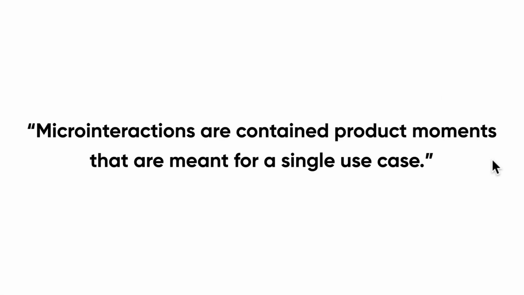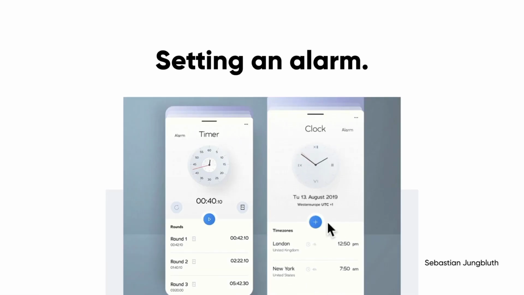Now, if I had to define micro interactions, I would say that they're contained product moments that are meant for a single use case. And those little moments are a large part of all of our interactions daily. I mean, we need to think about the different things that we actually interact with. Maybe every time you set your alarm, the sliding back and forth that is happening over here is a micro interaction.